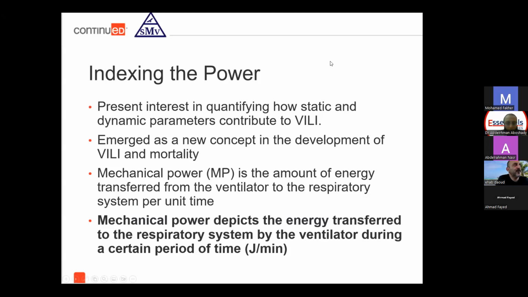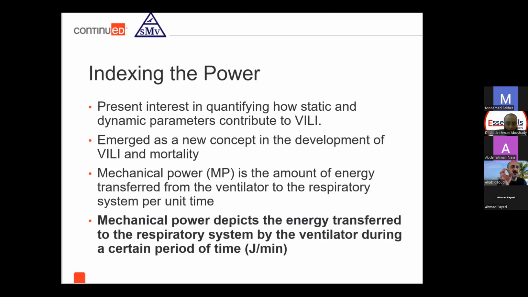Yeah, so again, we'll talk about the power, but more importantly, and there is very little literature on this, is indexing the power. When we calculate the mechanical power, you will find some studies saying more than 15 joules per minute is dangerous, more than 17 joules per minute is dangerous.